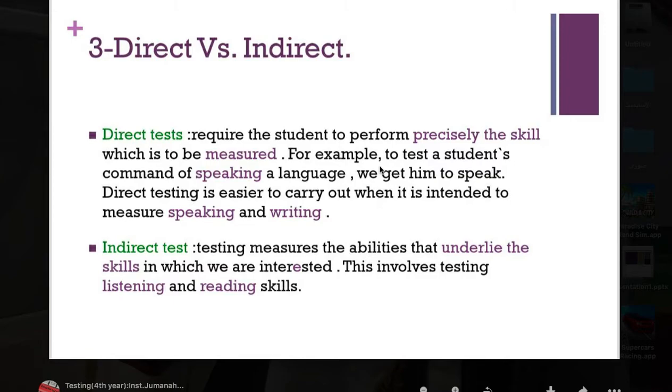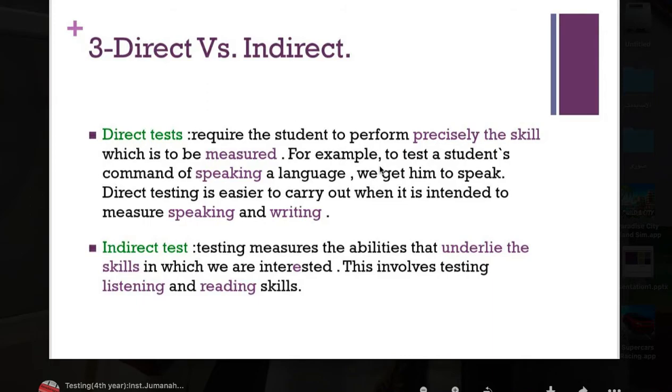For example, the voices I sent you about the review or the chapters. How can I know that you listened to them? I ask you questions about them. So, when you write, I can check whether you listened, whether you read the PowerPoints or not.